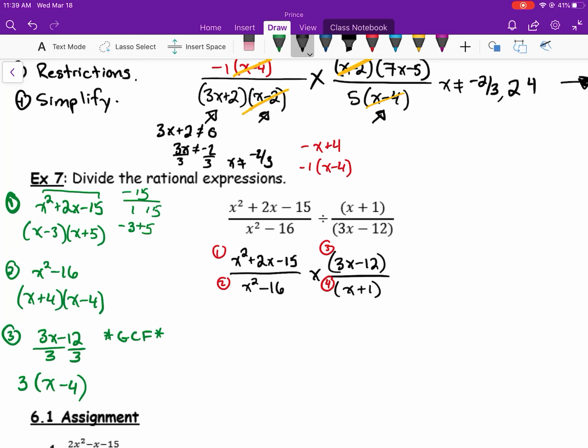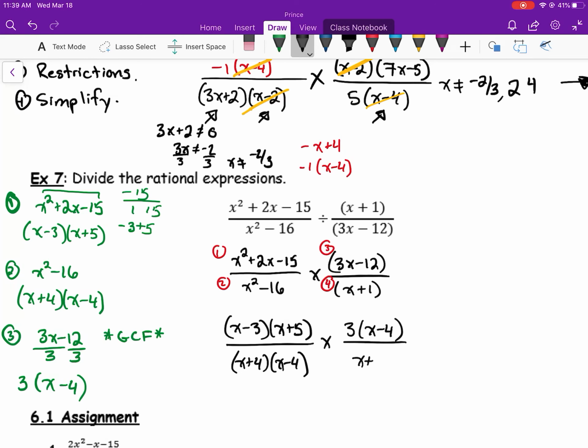Okay, so rewrite everything. So x minus 3, x plus 5, x plus 4, and x minus 4 times 3 times x minus 4 divided by x plus 1.